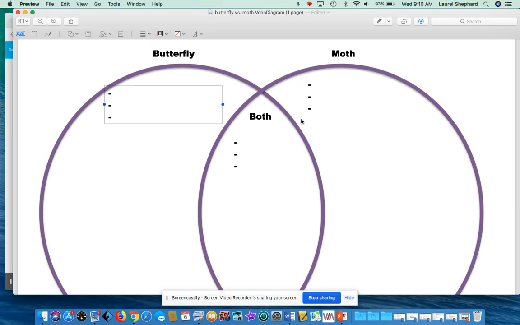We are going to read a book together to start our research, and you are going to get to pause the video as we read to fill in the Venn diagram. I will do the first few examples with you, and then I will just read the rest of the book, and you can pause the video whenever you need to add more to your Venn diagram about how they are different.